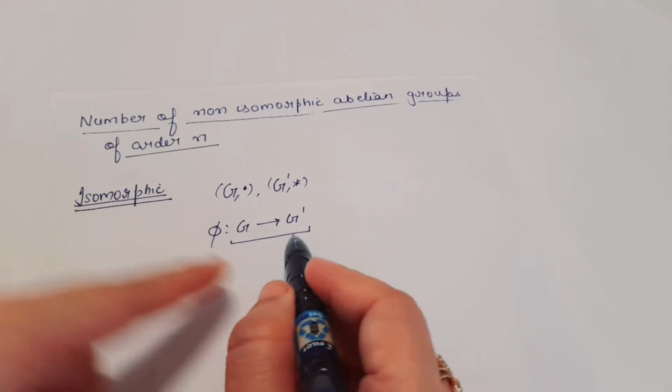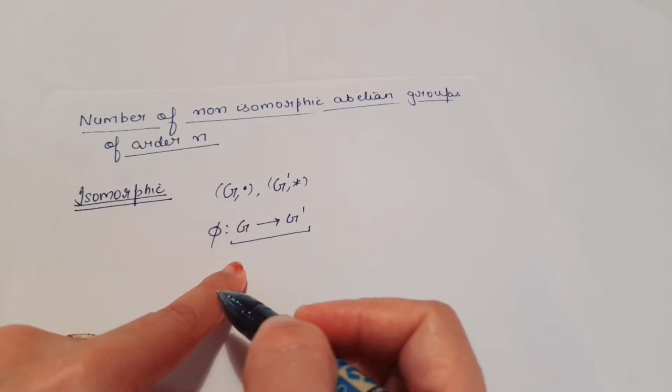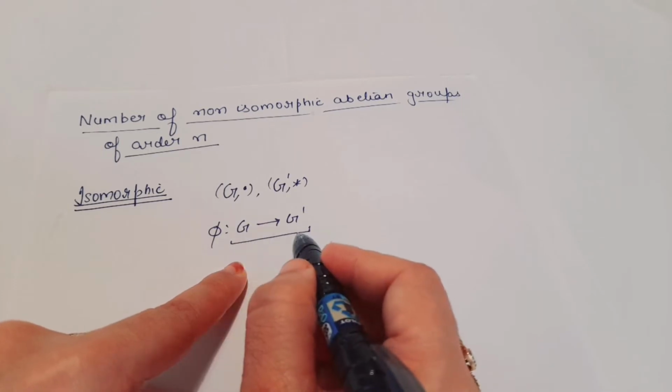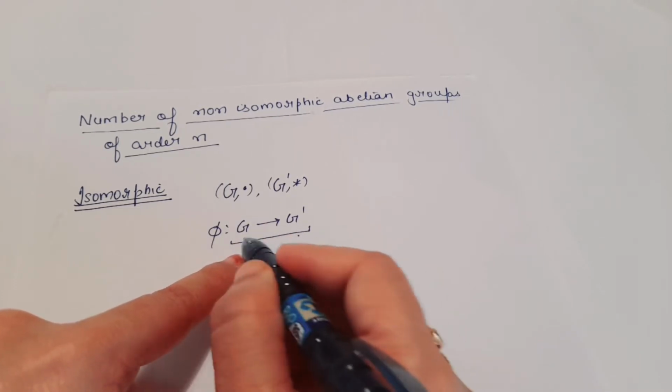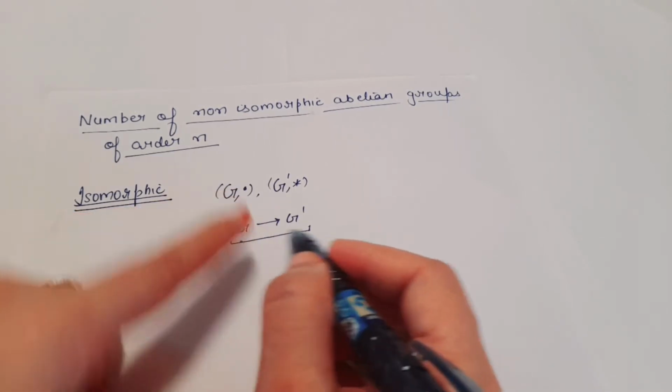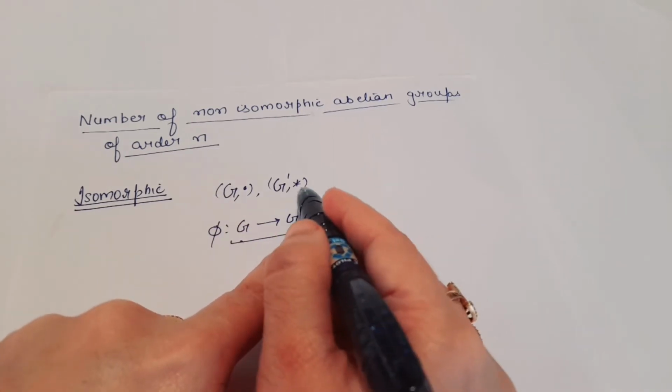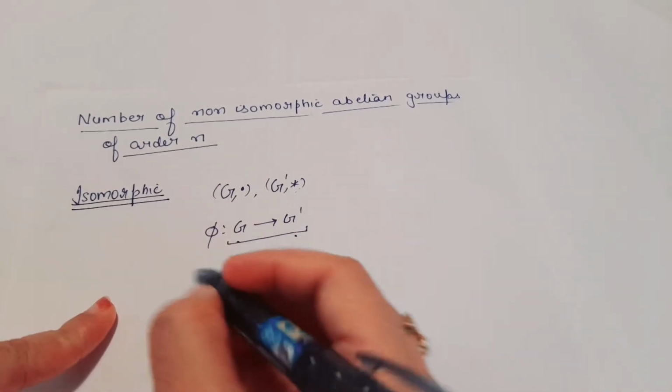So what are isomorphic groups? Two groups which have a 1-1 onto correspondence. G and G dash are sets: G is a set with respect to this operation and G dash is a set with respect to that operation.